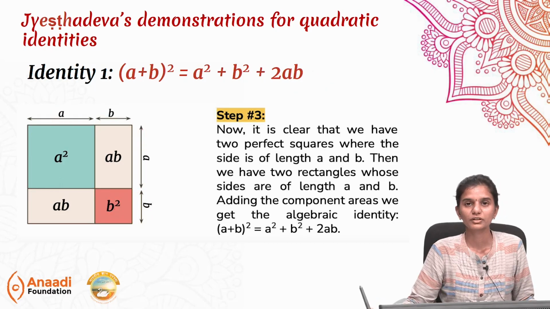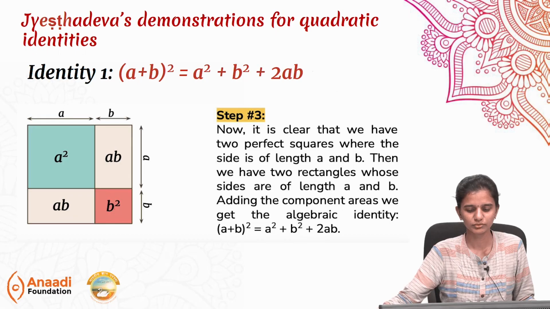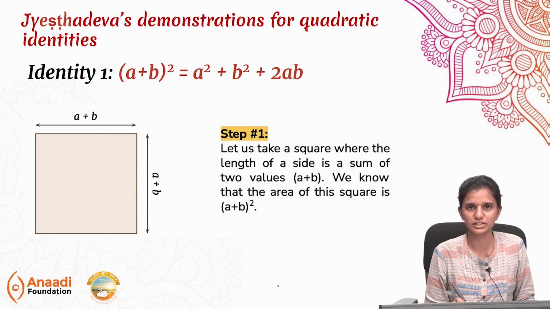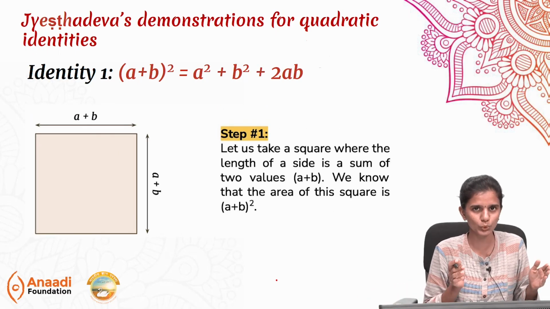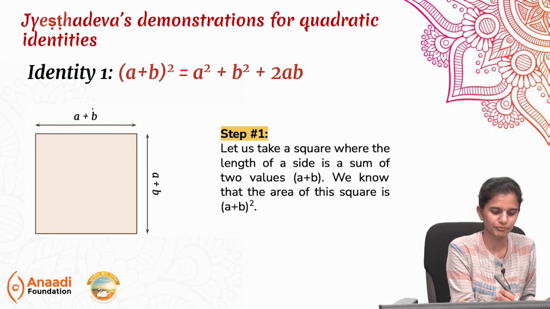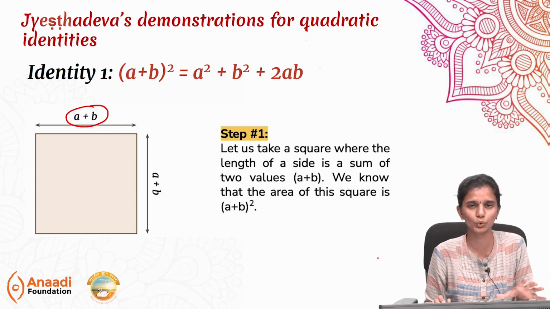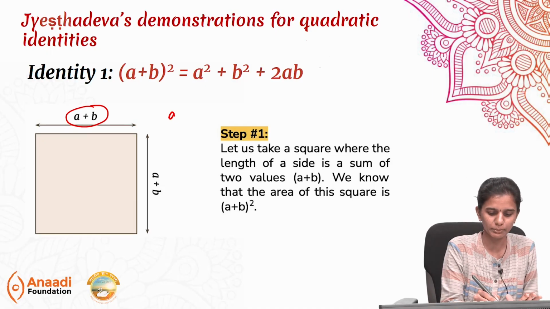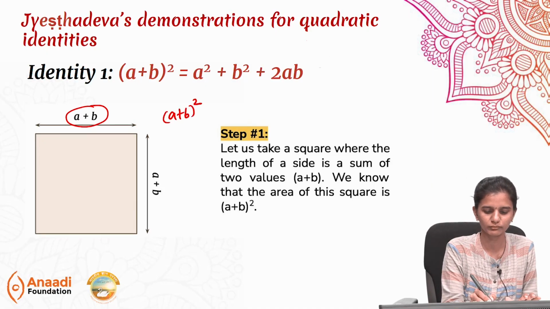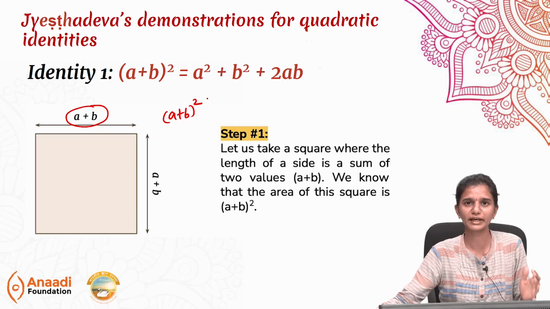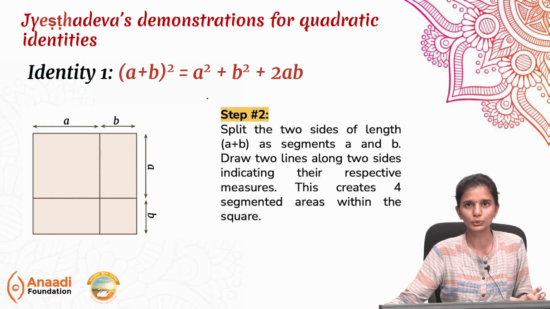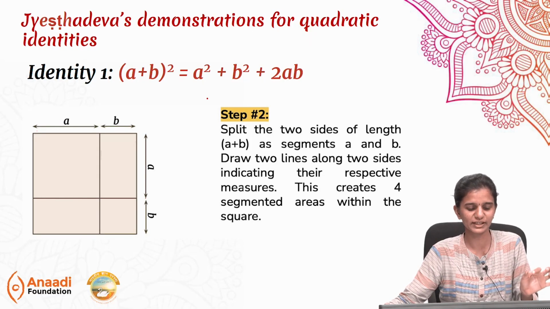Interesting, isn't it? Now let us look at this proof once again. The first step is that you take a square whose side length is a plus b. We know that the area of the square would be (a plus b) the whole square, right? Then in the next step, we split the length a plus b as a and b.